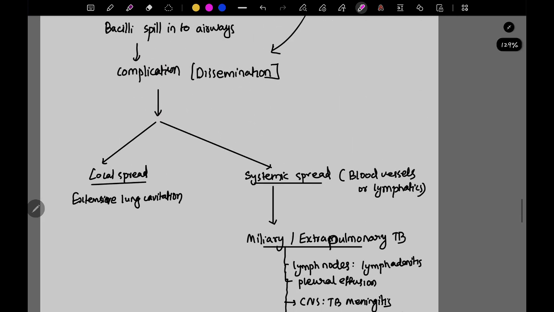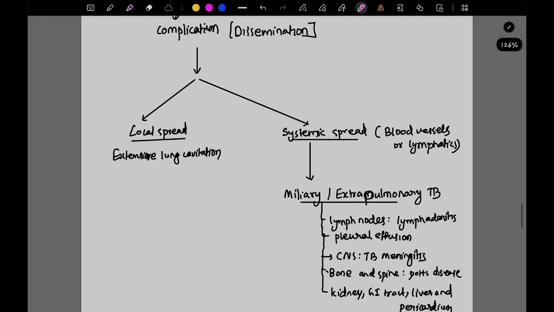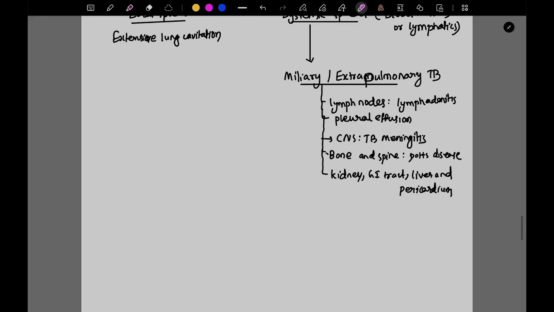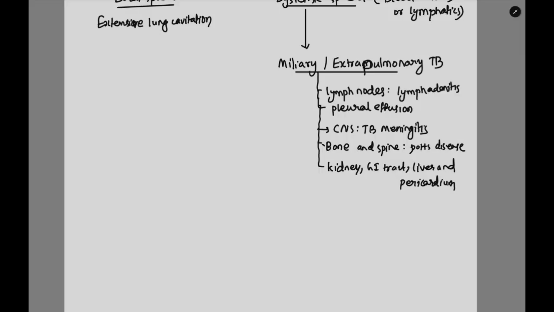So most of the organs in our body can be affected by tuberculosis. So that was the complete step-by-step pathogenesis of tuberculosis.